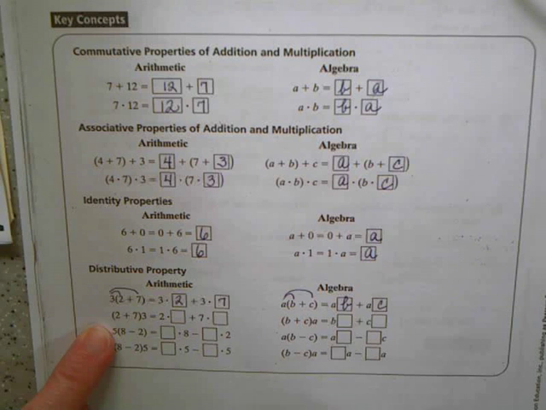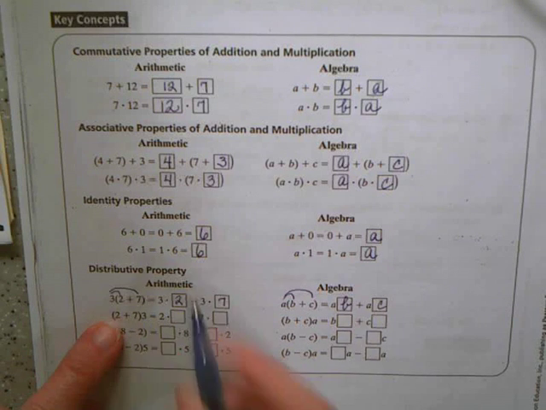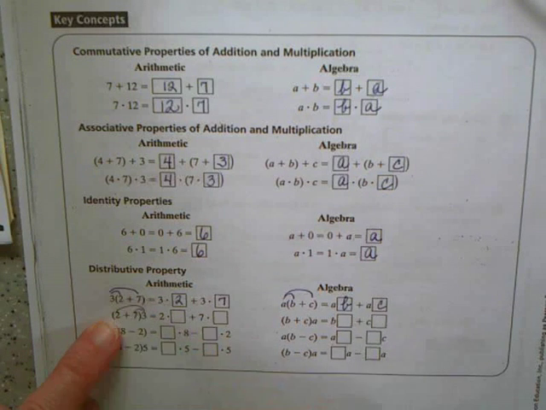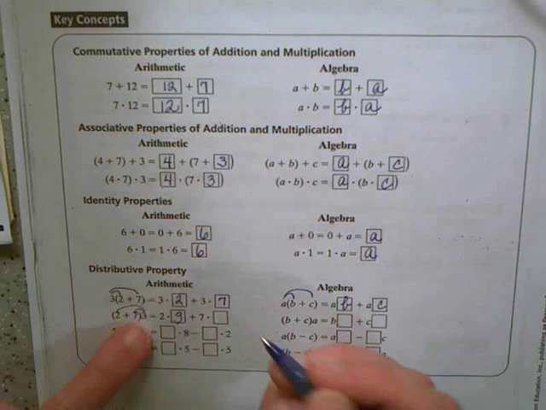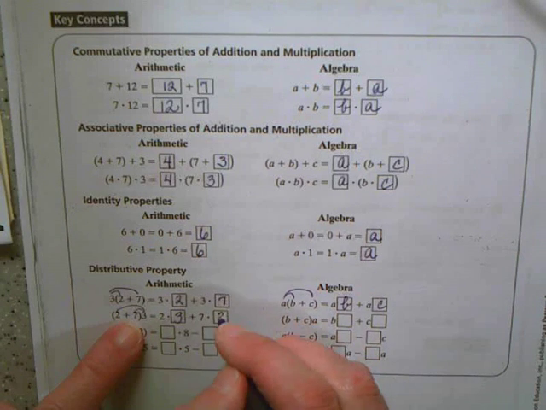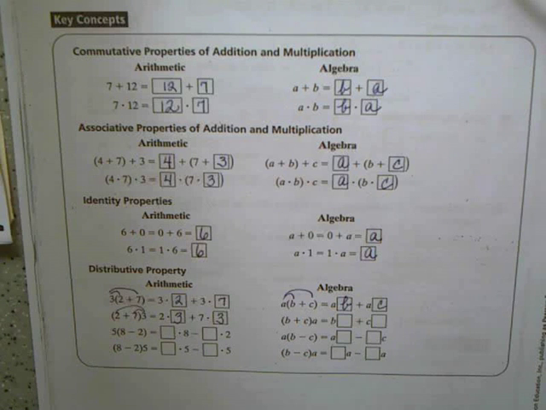The process is still the same though. The 3 will get distributed to both the 2 and the 7. So the quantity 2 plus 7 times 3 is equal to 2 times 3 plus 7 times 3.